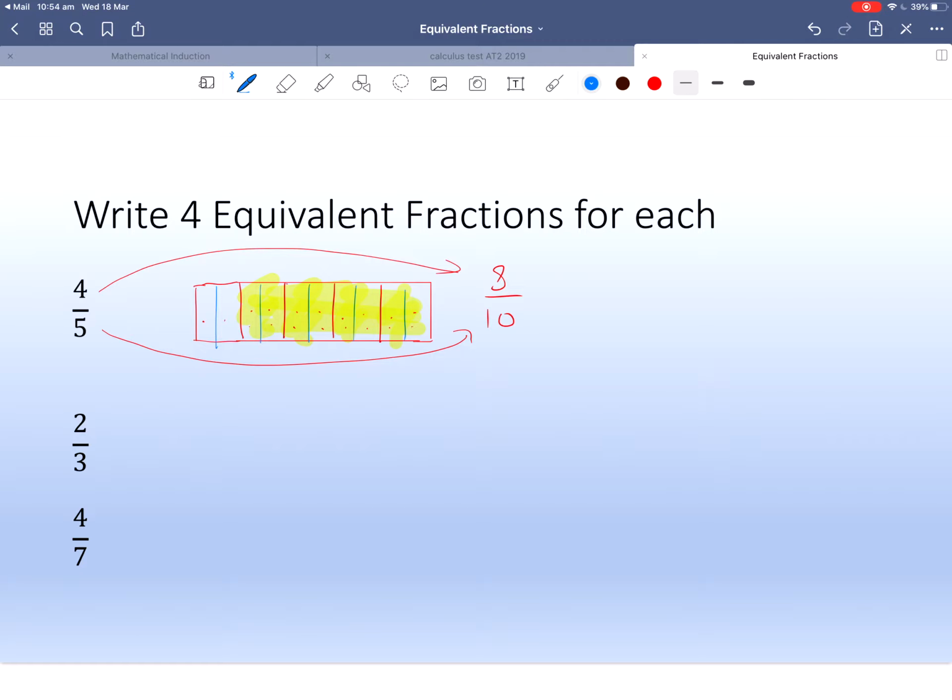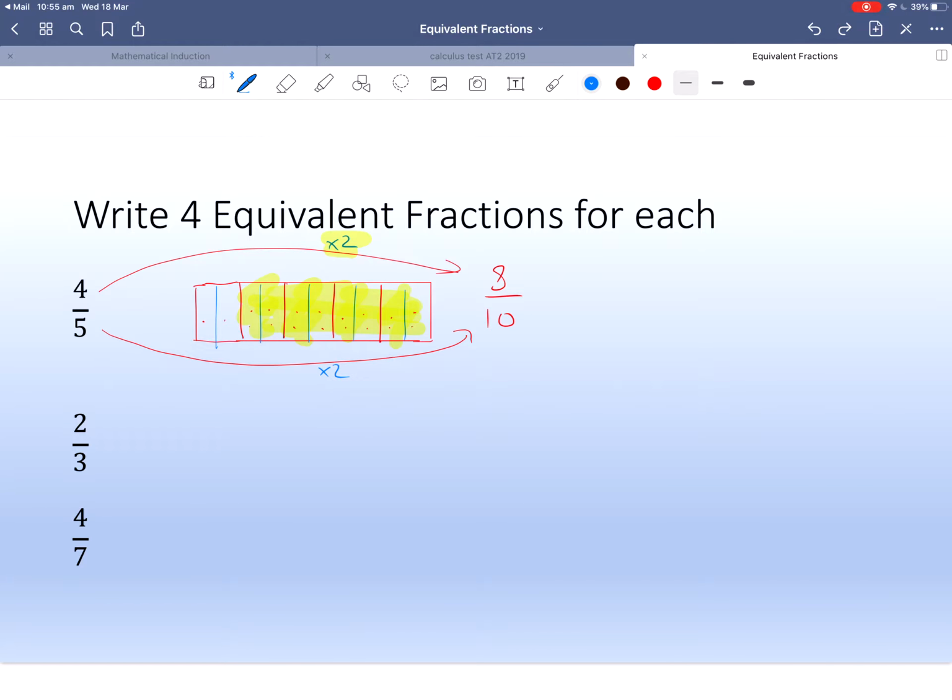What number times 4 equals 8? Well, it's times 2. To find the equivalent fraction, I must do the same to the top and the bottom. So if I times 2 at the top, I must times 2 at the bottom. So what's 5 times 2? Well, it's 10. So that's how equivalent fractions work.